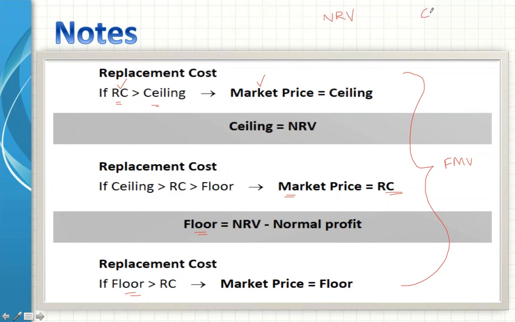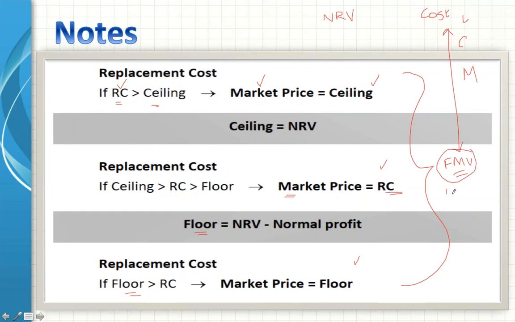Then cost price is waiting for you here. You find out any one of them as fair market value, and this will be compared with the cost price, and use LCM, lower of cost or market value. How did you find this?